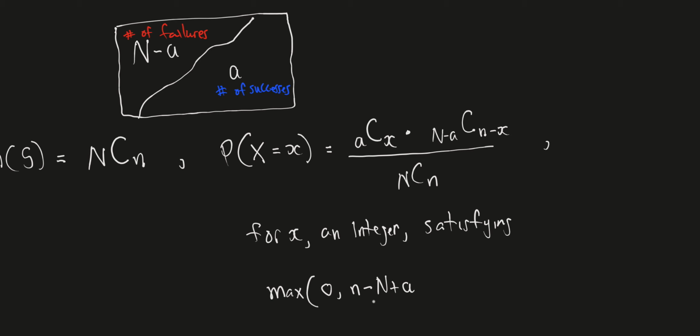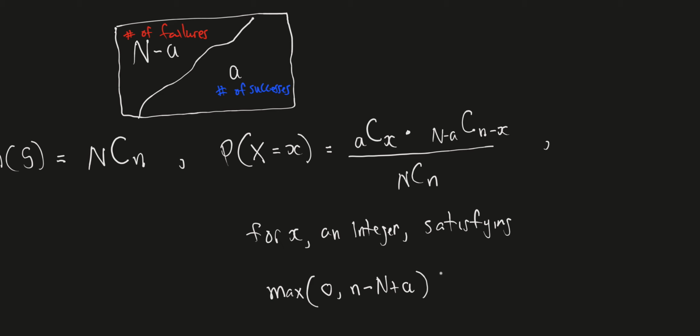So if you take the number that you're sampling minus your population plus the number of successes, whatever that number is, compare it with 0 and see which is bigger. For instance, if this ends up being a negative number, then your max will return 0. If this is something positive, then it will return this number.